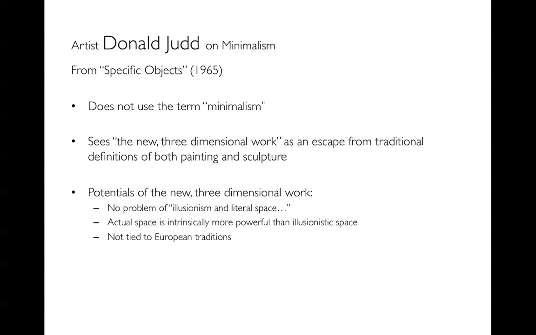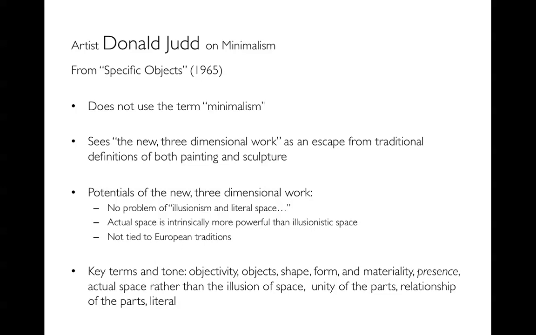So he said, why should we paint the illusion of space when you can create real space? And that's more powerful for a viewer, to have a physical relationship to a three-dimensional piece. And then it was also positive in his mind that it was not tied to any European tradition. Again, just wanting that clean slate to start something new and not be tied down to the past.